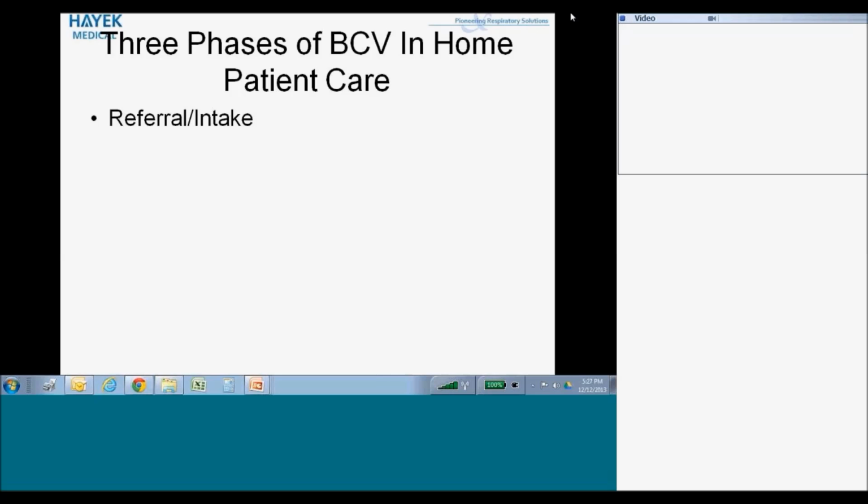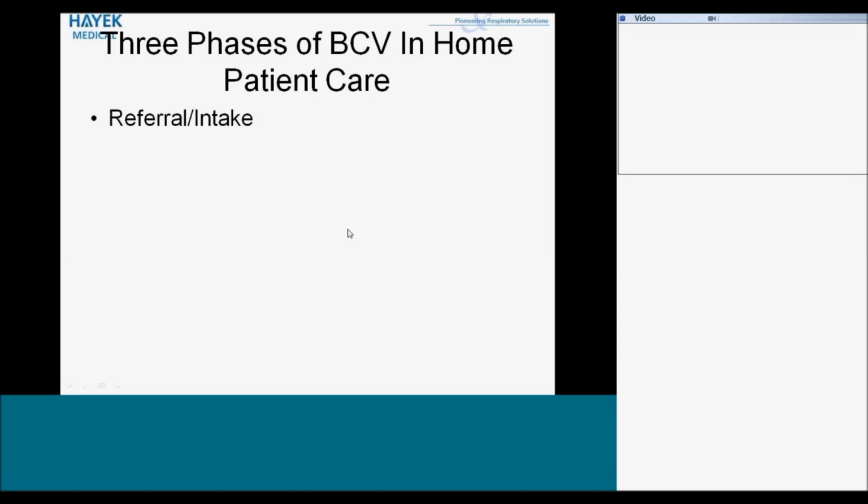Now, just to review what we've talked about, there are 3 phases of BCV patients in the home. First of all is the referral and intake process. This is where a physician or a case manager or someone refers the patient to personal support for following at home, and that is prior to us doing any titration or setup or anything. So that's the initial part of the process.